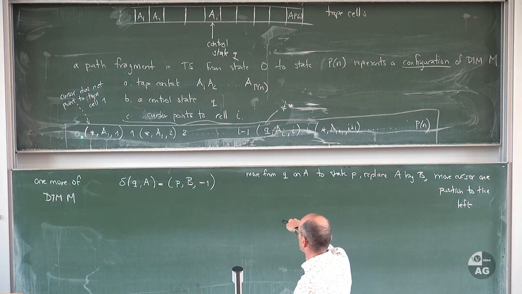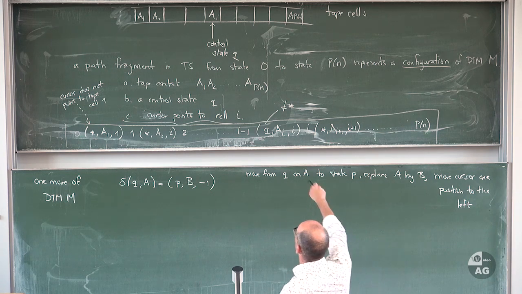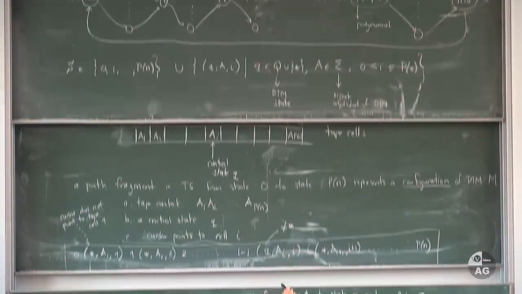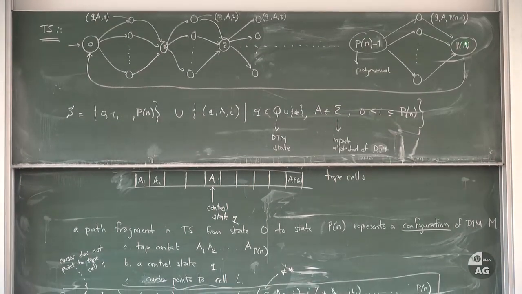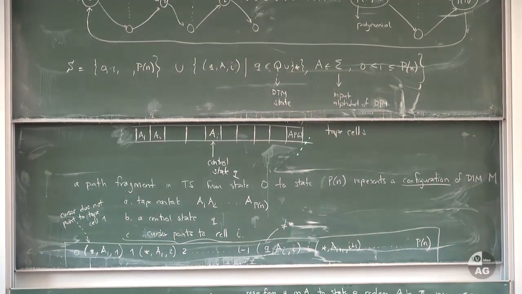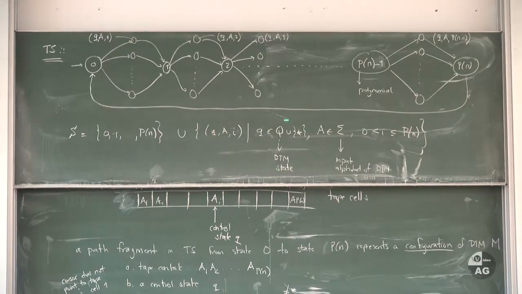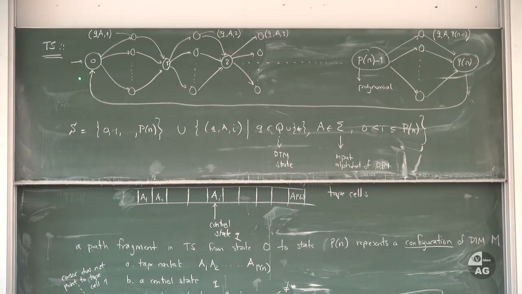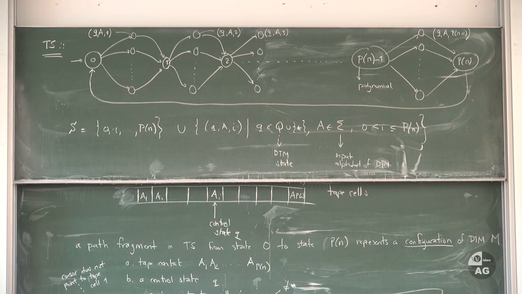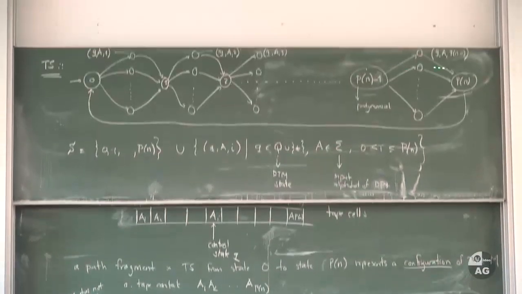Good. So how am I going to model this? The current configuration is a path fragment that goes from 0 to Pn. Now I'm going to take this transition in a transition system. So this back edge models the move of my Turing machine. And now what we are going to encode is the resulting configuration, again in terms of a path fragment.